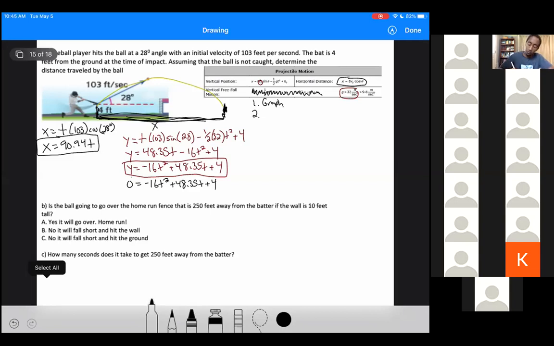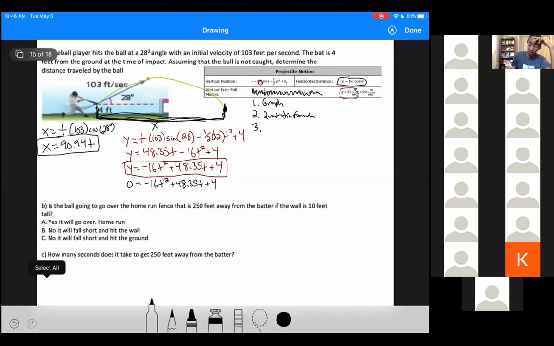Actually, there's 3 ways. Jared? Maybe he stepped out. Kevin? Quadratic formula. Okay, good. Why y'all staying quiet if you know the answer? Quadratic formula. Good. So we can graph.